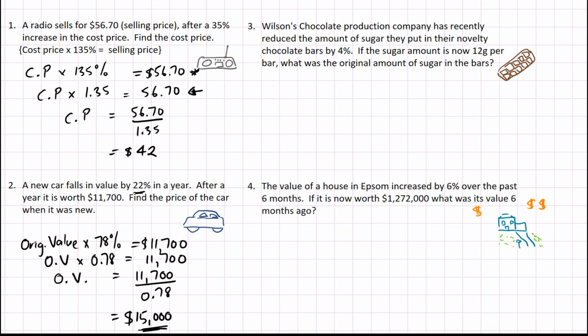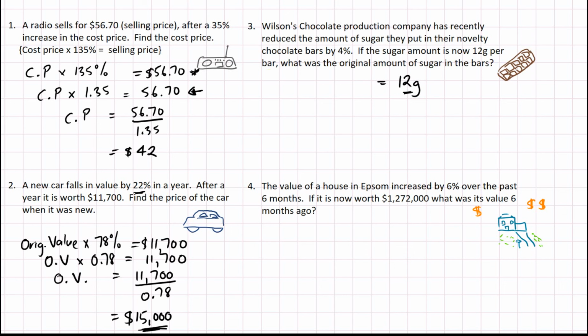So we've got a chocolate production company. It has recently reduced the amount of sugar they put in their novelty bars by 4%. The sugar amount is now 12 grams. So I'm going to immediately put in 12 grams. So something is equal to 12 grams. This is the current amount.